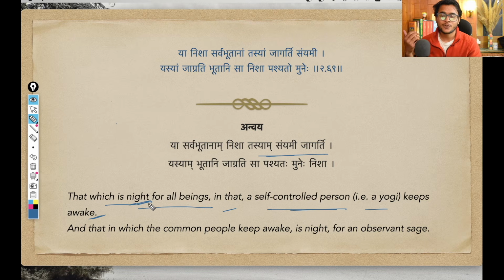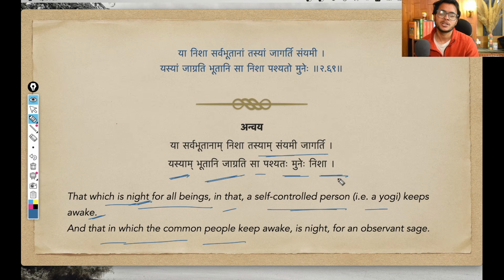So that which is night for all the beings, in that state, in that reality, a yogi keeps awake. And in contrast to this, Krishna is saying, yasyam bhutani jagrati, and that in which all the beings keep awake, sa pashyato munehe nisha, that is night for an observant sage, that is night for a sanyami, that is night for a self-controlled person. Okay, so that is the literal translation of the shloka.